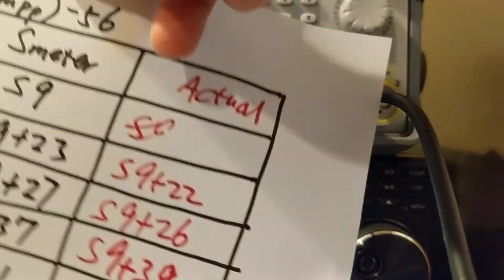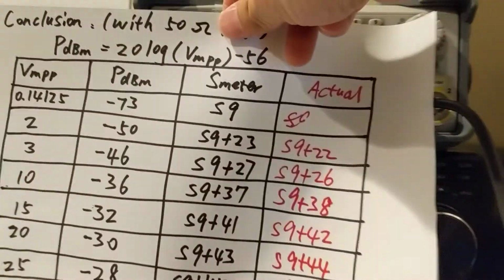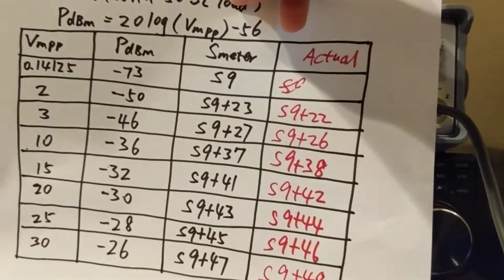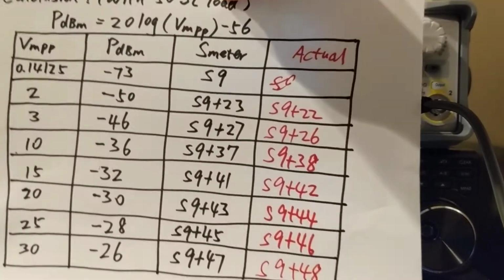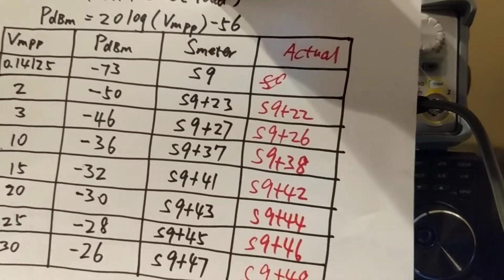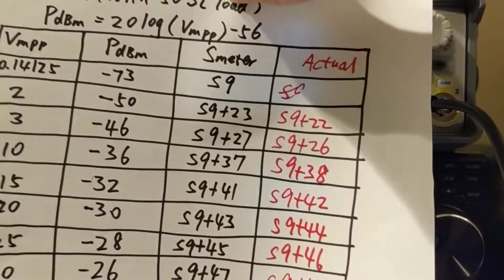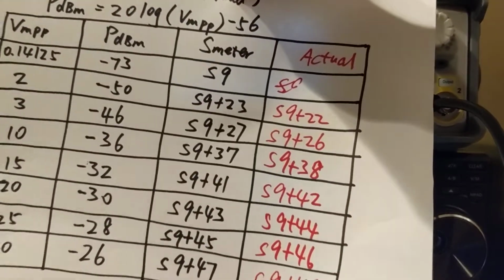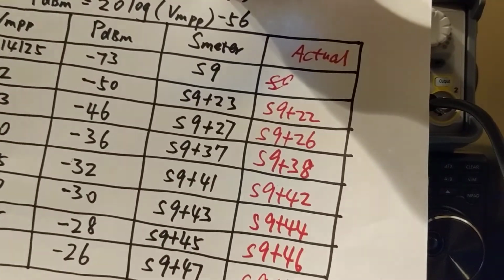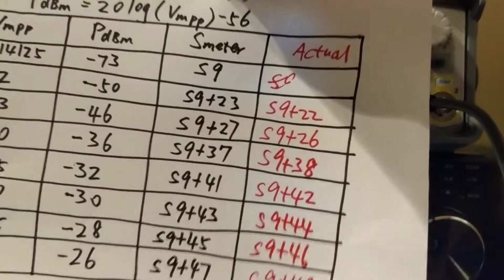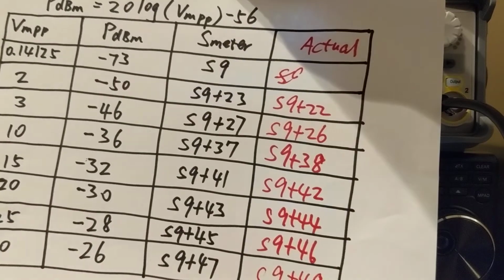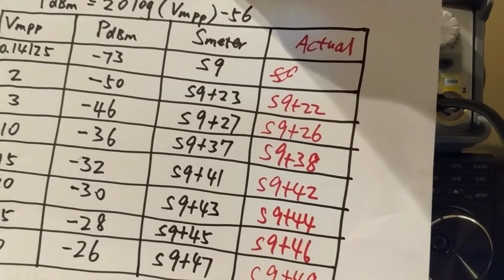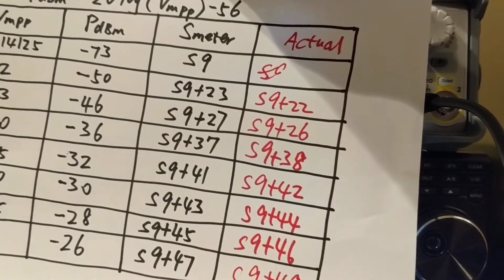Okay, now here we get the results. You can see the prediction is in black. For 2, 3, 10, 15 millivolts, the prediction and actual are closely matched.